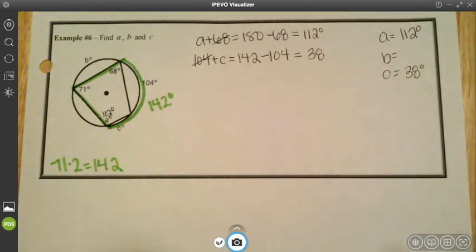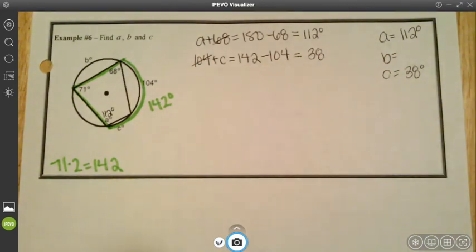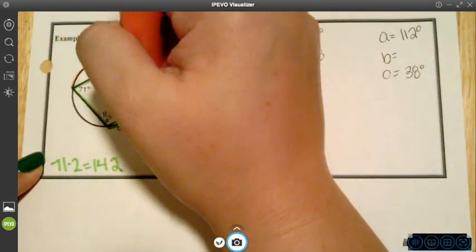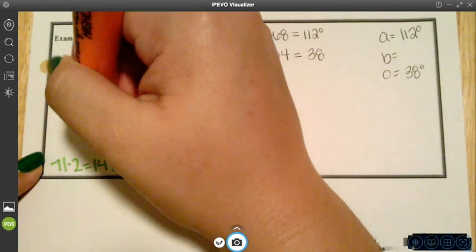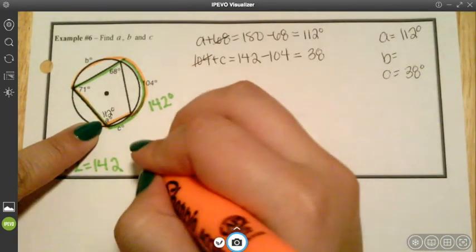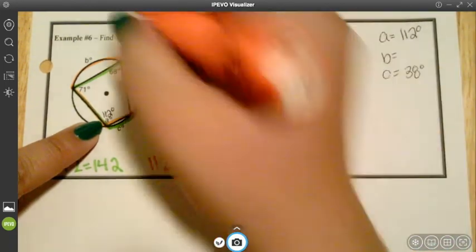And then we still need arc B, so I'd like to find arc B. And as much as I can, I want to overlap what we know in order to get our inscribed angle here. And so 112 times 2 equals 224.